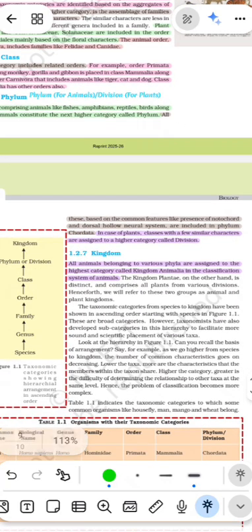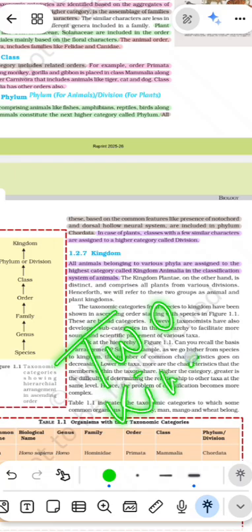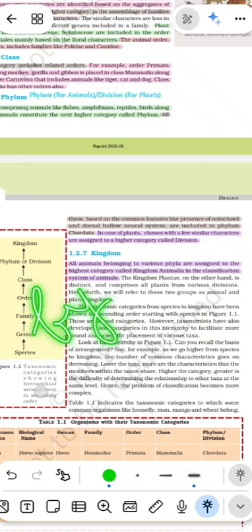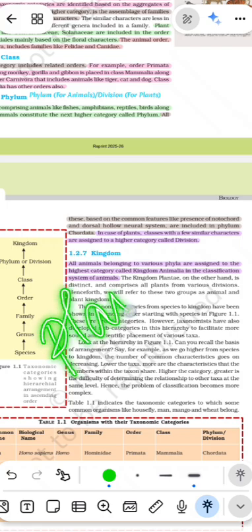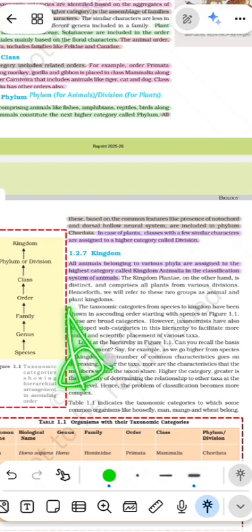There is kingdom. In the two kingdom system by Linnaeus, we have already read Plantae and Animalia.